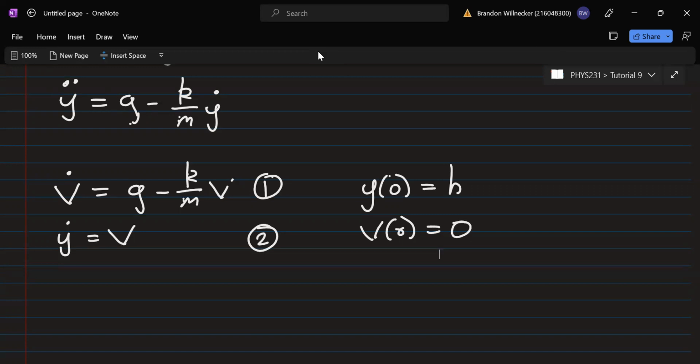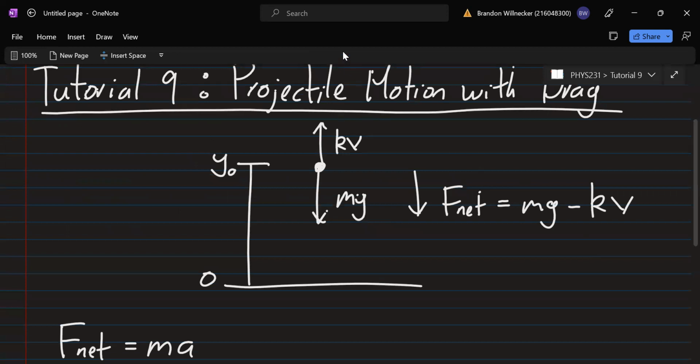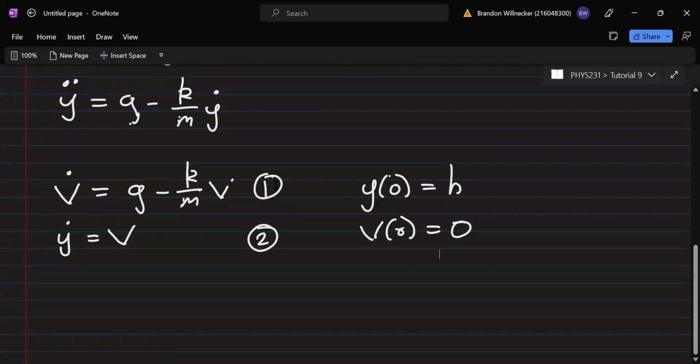What we're going to do now is a little bit of investigation into the system by looking at energy conservation. Is the energy conserved? Well, we know that there's a frictional force, so no, the total energy is not conserved, and we would like to see what happens to the energy over time.